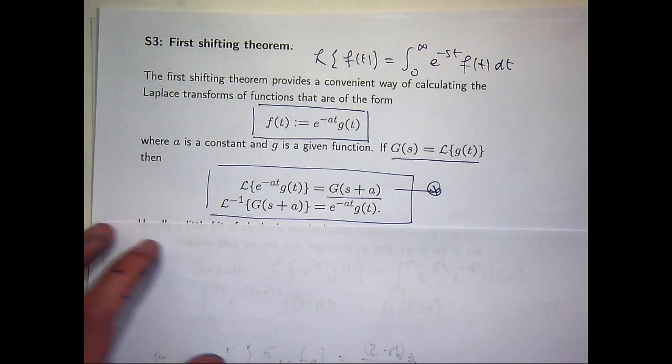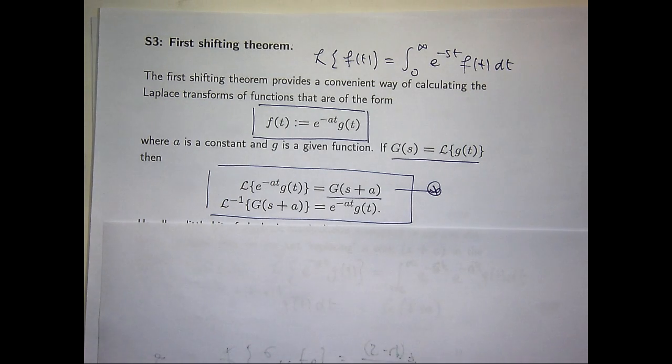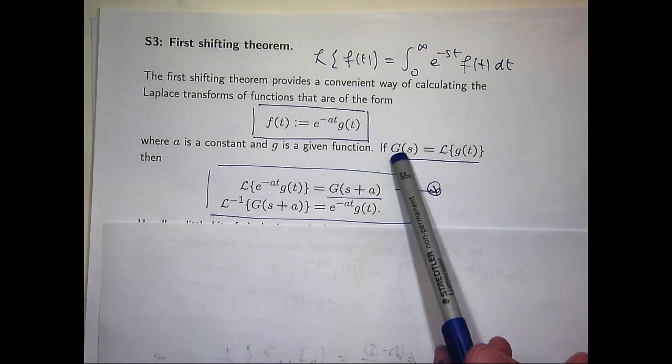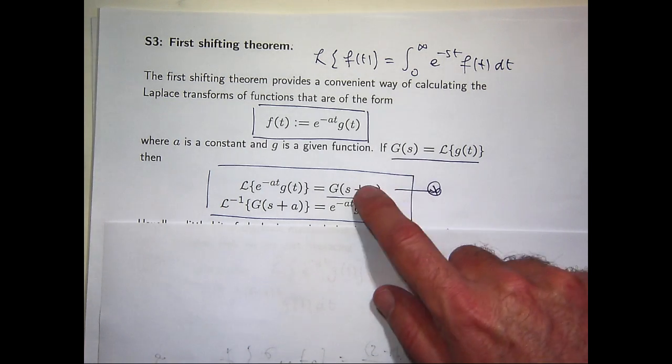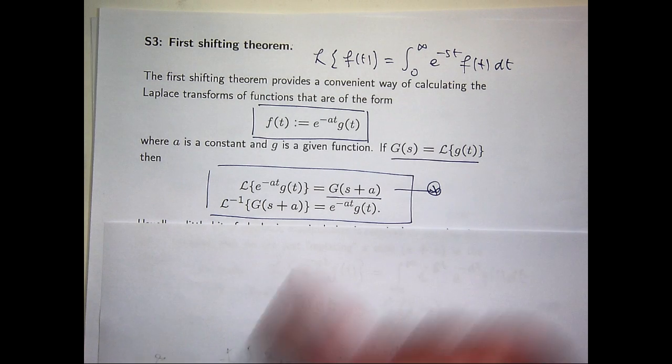So star, hopefully you can see that to use star to apply it, you first compute the transform big G of s and then you shift it a units. In other words, you're just replacing s with s plus a in the brackets here to form your transform.